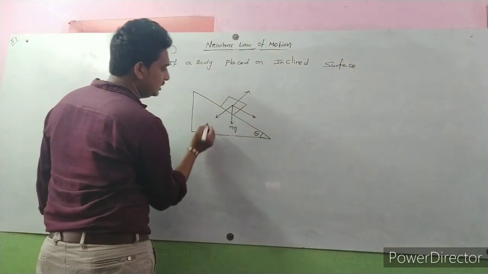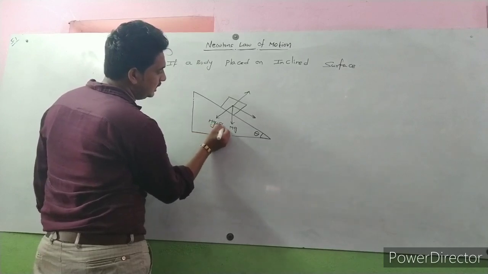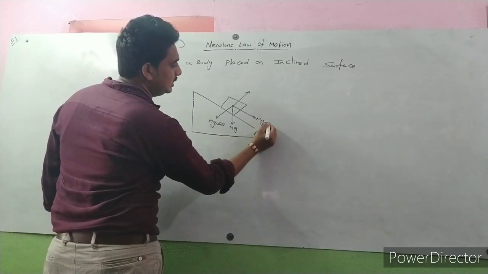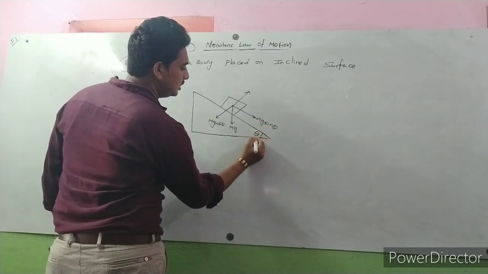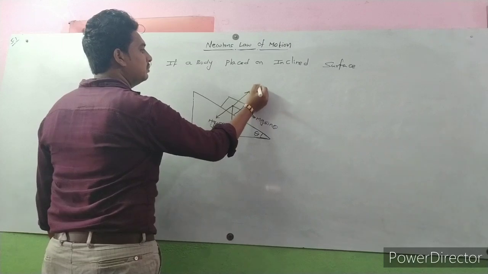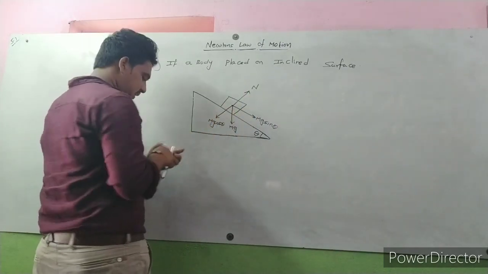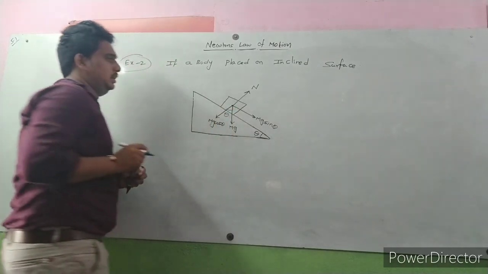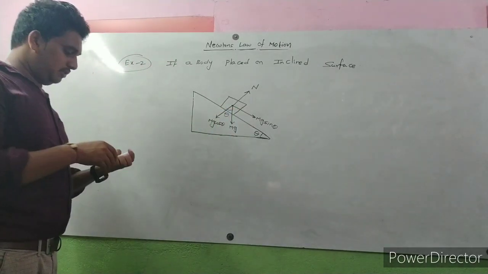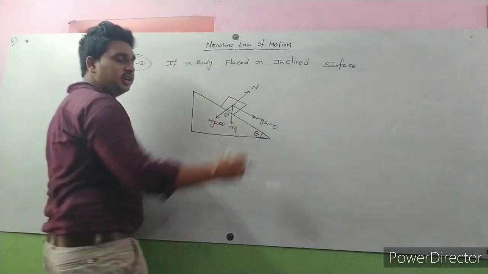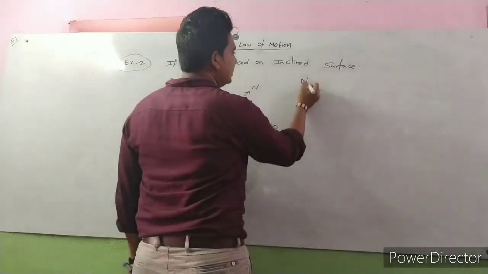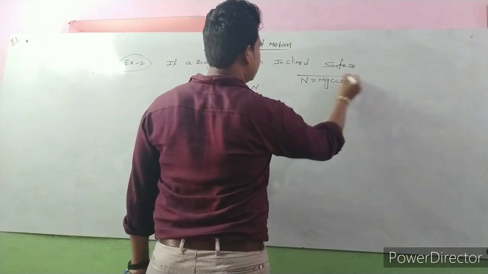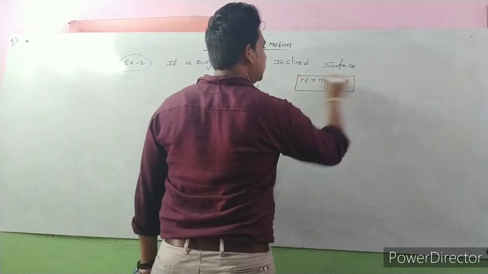This is the weight mg, acting like this. Here is mg cos theta, and this is mg sin theta. This is the normal force N. Here is the angle theta. Whenever a block is placed on an inclined surface, in this case N is equal to mg cos theta.